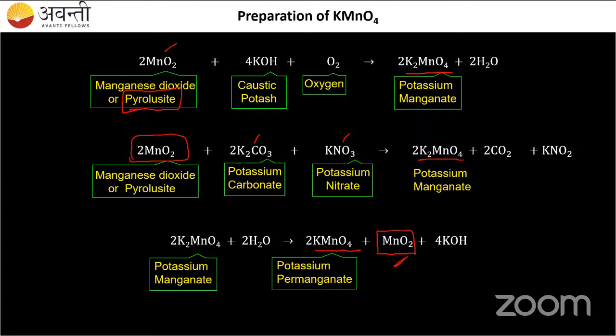So you can use the MnO2 pyrolusite ore, which comes out as a byproduct, as a starting material for the next cycle of preparation of potassium permanganate. This is one of the methods of preparation for potassium permanganate.